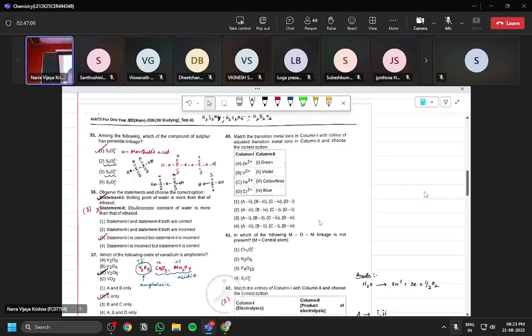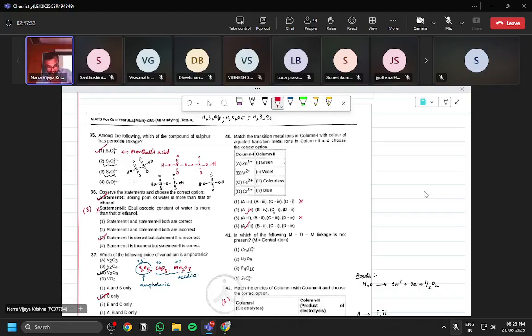Match the transition metal ions in column 1 with the color of aquated ions of d block. We have one table in NCERT with the color of ions, right? Zn plus 2 is colorless, because no unpaired electrons. So A is 3, means this is gone, this is gone. So A is 3 is correct.